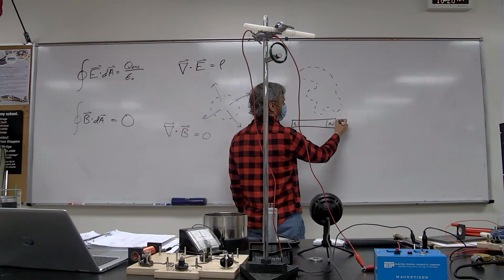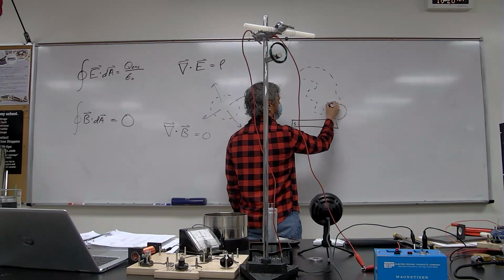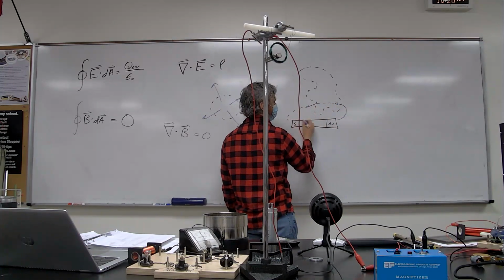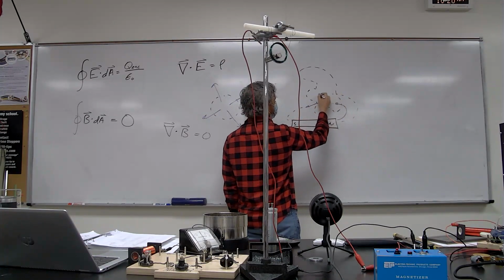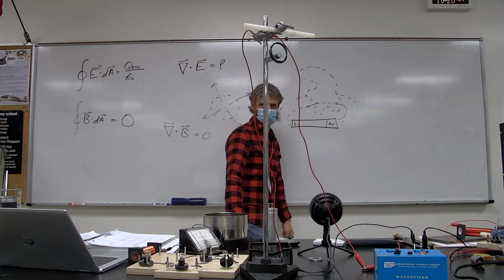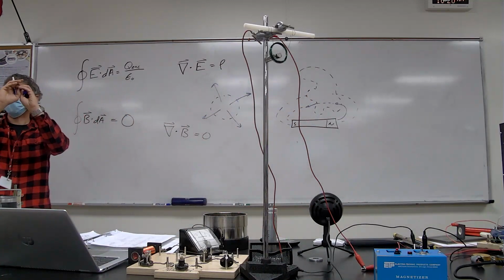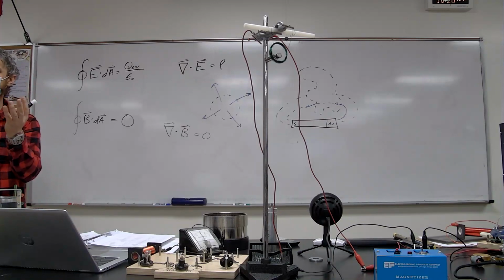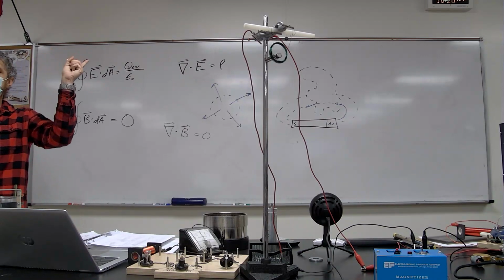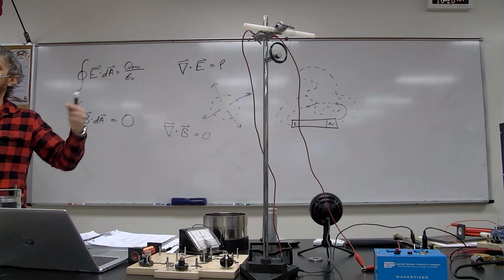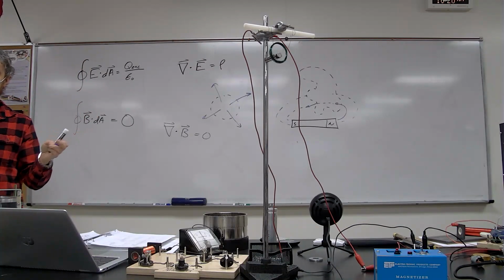I see that by noticing that this field line goes in, but then it goes out. This field line goes in, but then it goes out. And so the divergence of the magnetic field is 0. It means you cannot enclose any part of a magnet where you have more magnetic flux coming out than going in, or more going in than coming out.